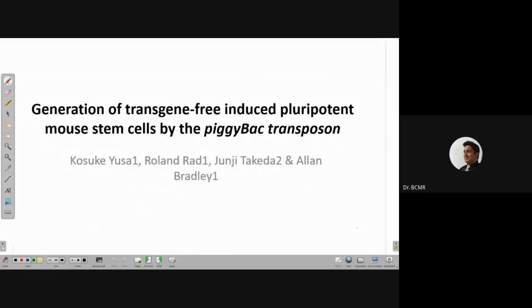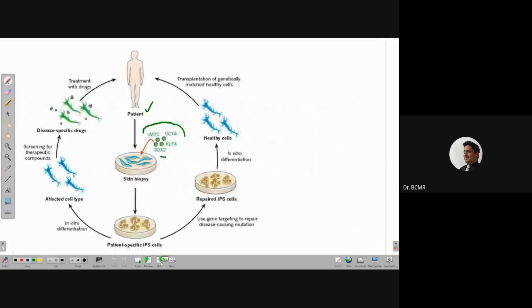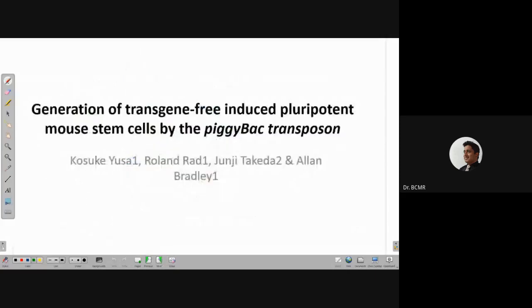So quickly we'll go through some background on the paper. This paper has some technical terms like induced pluripotent. We need to know what is meant by transgene free, right? And we need to know how piggyback transposon can help in doing that.